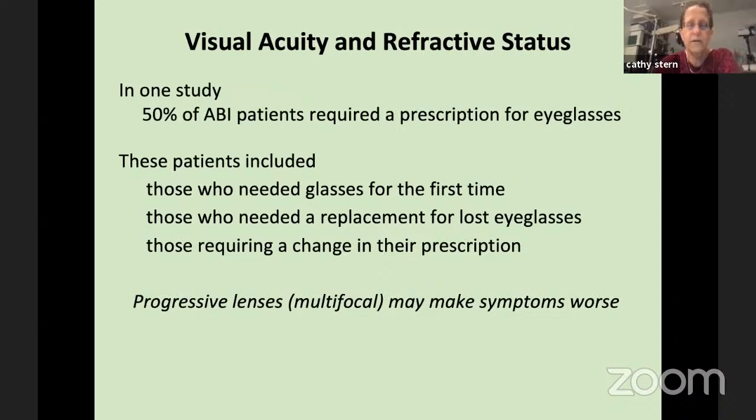So when it comes to refractive status, in one study, 50% of the patients required a prescription. Some of those needed eyeglasses for the first time. Some needed a replacement for lost eyeglasses, and some needed a change in prescription. I would say that I don't see patients who have lost eyeglasses all that much.